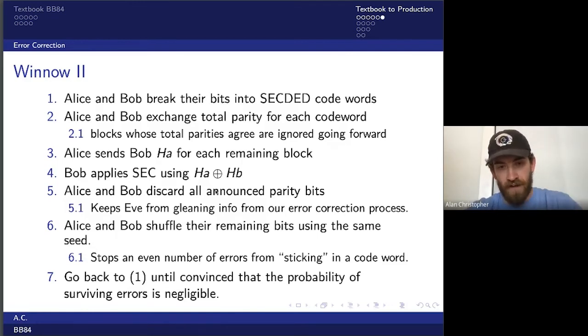It's literally just, if I have these two bits in the same code word, I'll never get them gone if I don't separate them. So that's all it's doing. Eve can know about the fact that I separate errors. The information that is actually going to potentially be useful to her if she's trying to snoop in the future is these parity bits inside the syndrome, because that gives you partial information about what the code word was. So those we do have to throw away.